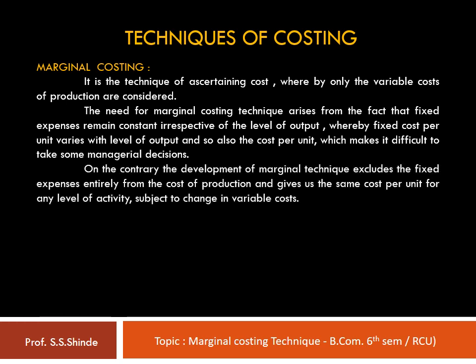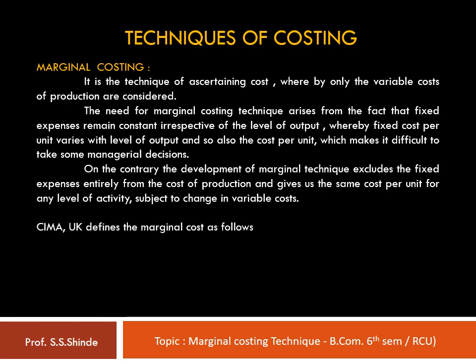On the contrary, the marginal technique excludes the fixed expenses entirely from the cost of production and gives us the same cost per unit for any level of activity, subject to change in variable cost.